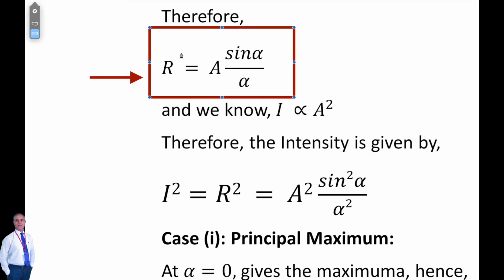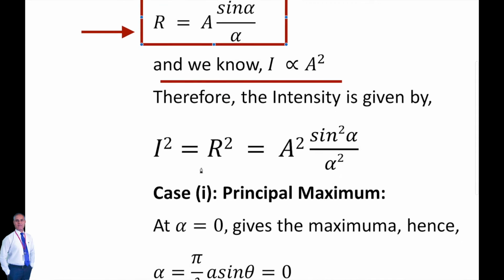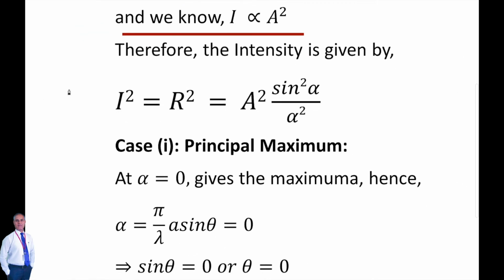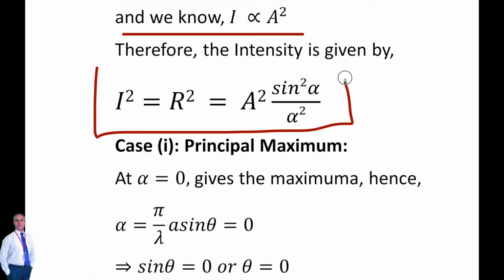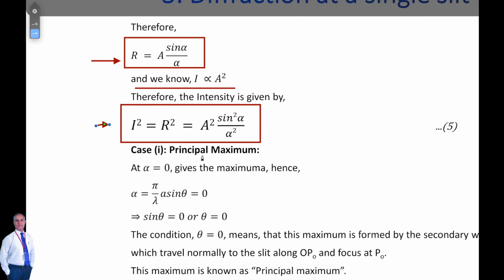As we know that intensity is directly proportional to the square of the amplitude, the intensity can be written as I, I is equal to R square is equal to capital A square into sine square of alpha upon alpha square. So this is equation number 5.